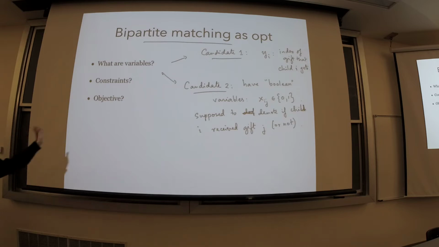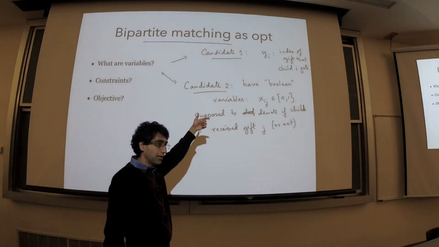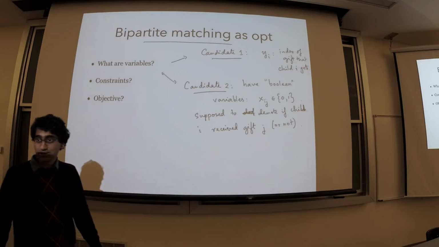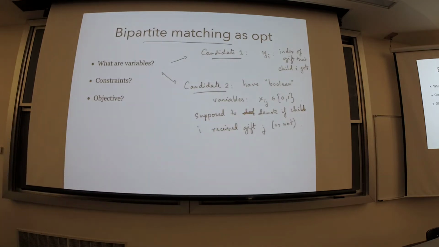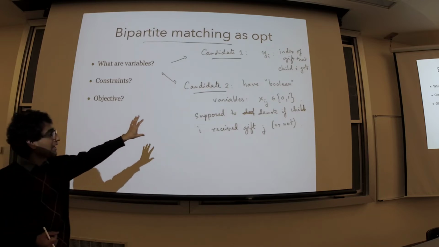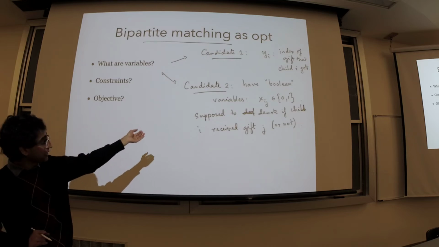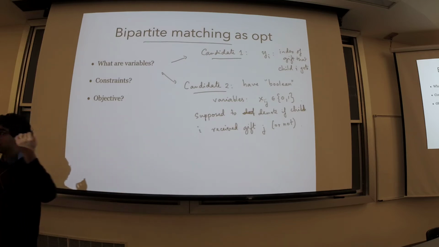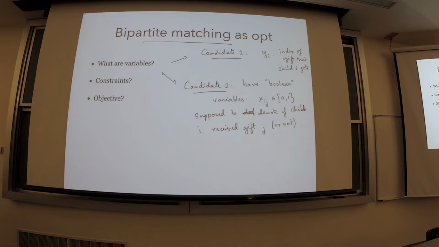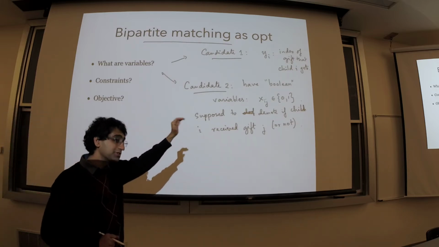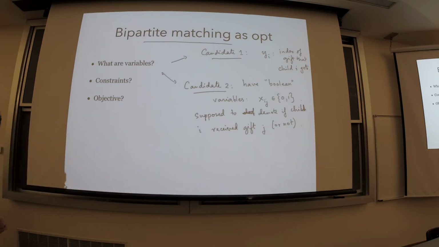So if child i receives gift j, this is supposed to be 1, and otherwise this is supposed to be 0. Okay. So note that I'm using the words supposed to be. When we define our variables, we have in some sense the intended solution, right? So we are thinking of how these variables capture our intended solution. Our intended solution is a permutation. Right? Every child needs to be assigned 1 gift. So we define these variables and we say that this is supposed to be 0 if it's this and 1 if it's this. Okay.